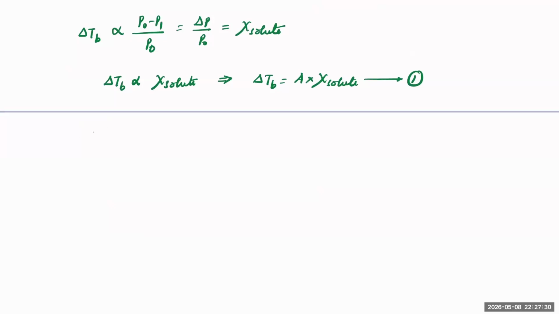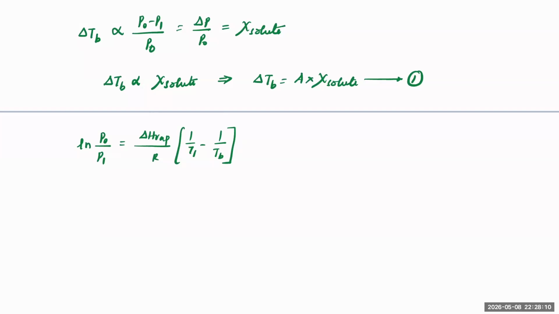Now, what we can use here, we know that ln P naught by P1, I'm using Clapeyron's equation, must be equal to delta H of vaporization by R into 1 by T1 minus 1 by T2. T2 in this case is the boiling point, the original boiling point. Here it is P2 by P1, then it is T1 minus T2. Clear?